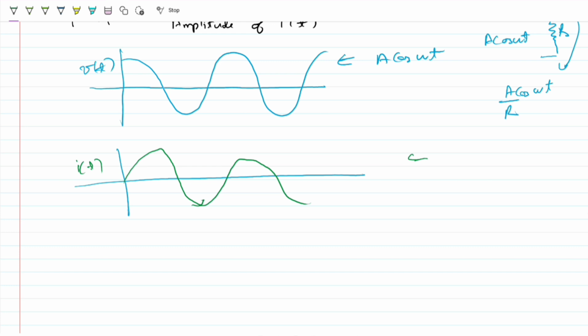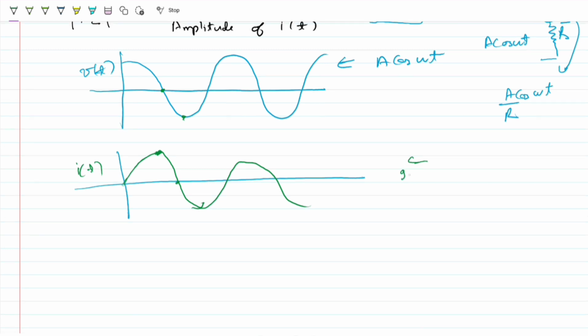When V of t reaches 0, the current reaches its peak after a 90 degree phase. And when V of t reaches its peak, the current goes to 0. So in a way, it's delayed by 90 degrees.